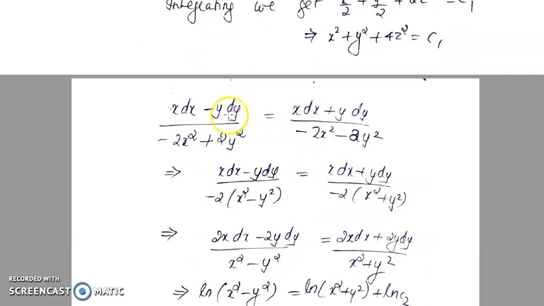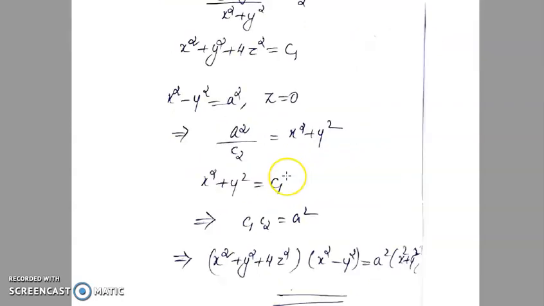So I am taking these two ratios. So x dx minus y dy by minus 2x square plus 2y square equal to x dx plus y dy by minus 2x square minus 2y square.